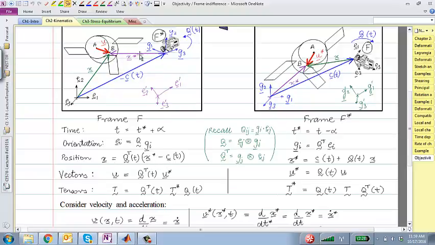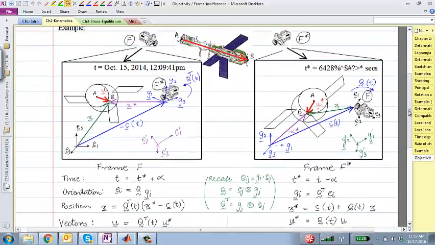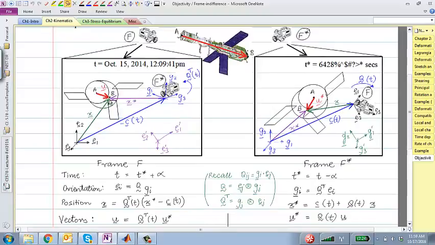So X star minus C, if I take this vector minus C, that vector is right here from this point all the way to this point. If I add X star to that, then I'm adding this vector. Now that vector would be with respect to the F star frame of reference, and to obtain the corresponding vector X in the F frame of reference, we'd have to do a rigid body rotation of that vector.